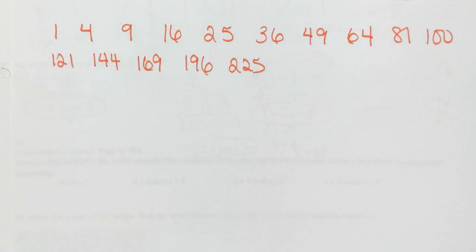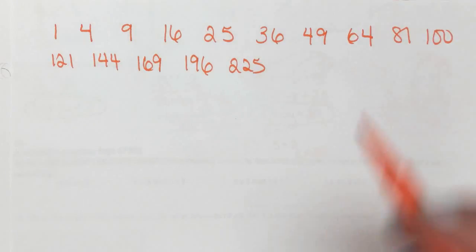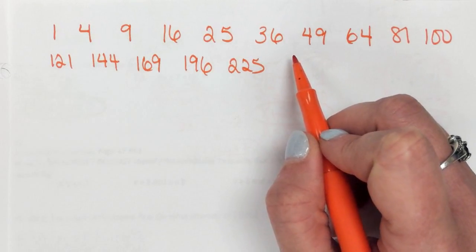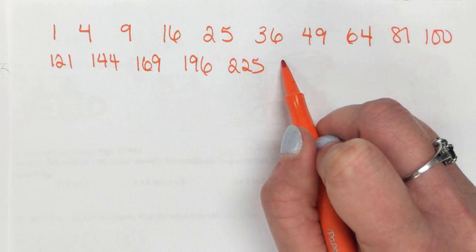Okay, how did you know that 169 was a perfect square? Because 13 squared is 169, or 13 times 13. So, since we are not using our cheat sheet, but you can use your calculator right now because we're still reviewing them, how do I get the next perfect square? 16 times 16, or 16 squared. How much is that? 256.